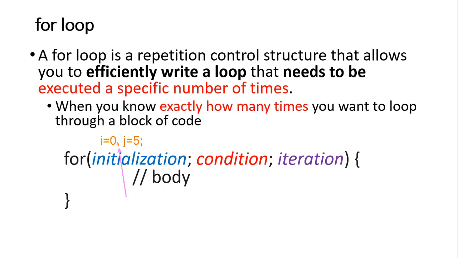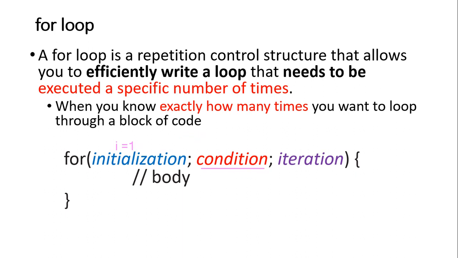So put a comma between the two of them. You can initialize any number of variables over here. As I have told you before, the initialization occurs only once. Whatever you write at this particular point will be executed only once during the for loop. So how does the for loop work? It will first initialize the variable, and then it will test for the condition.